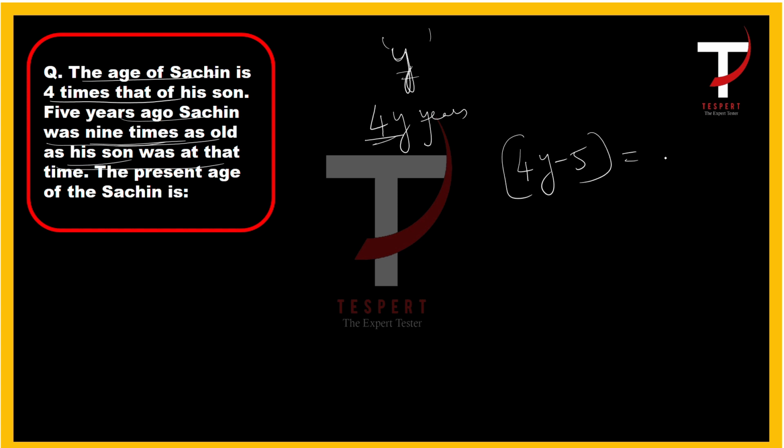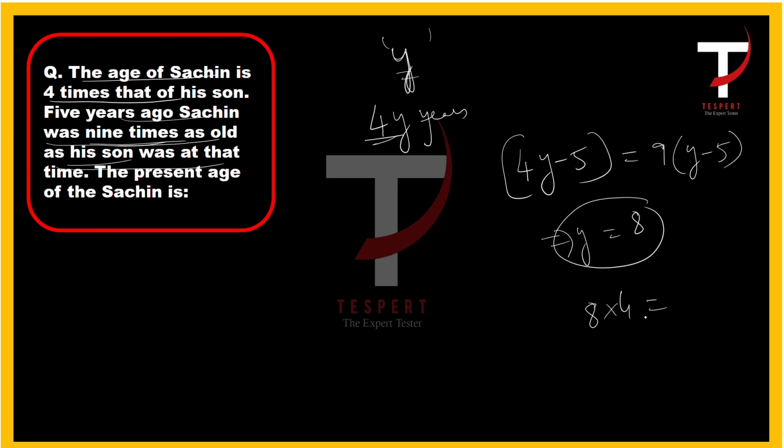So 9 times means 9 into y minus 5, right? So here y will be equal to 8, and substitute this. So Sachin's age will be 8 into 4, that is equal to 32 years.